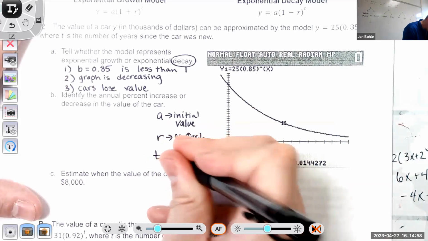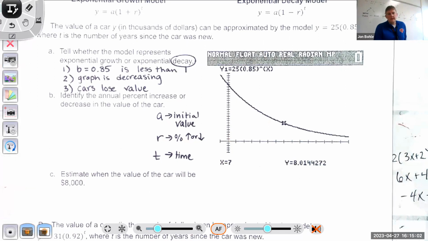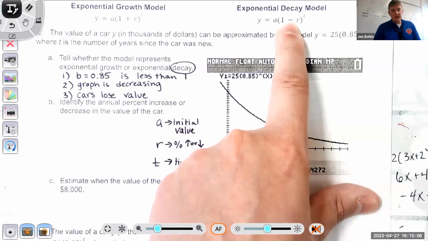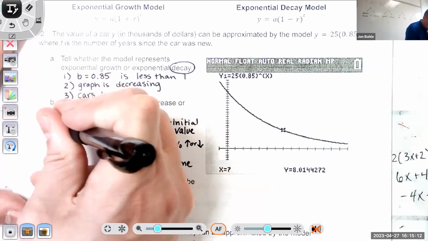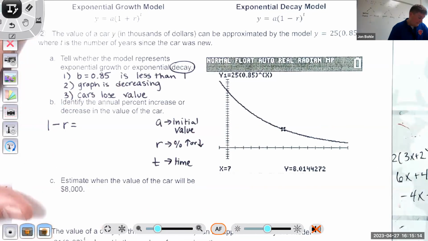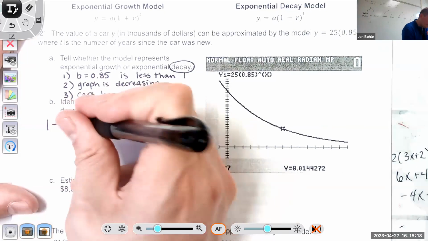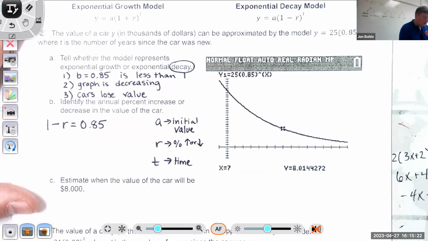And t is time. So I want to find that r value. I know in the exponential decay model, the b value is 1 minus r. So I know 1 minus r is equal to 0.85, the b value. So all I have to do is solve for r in this situation.